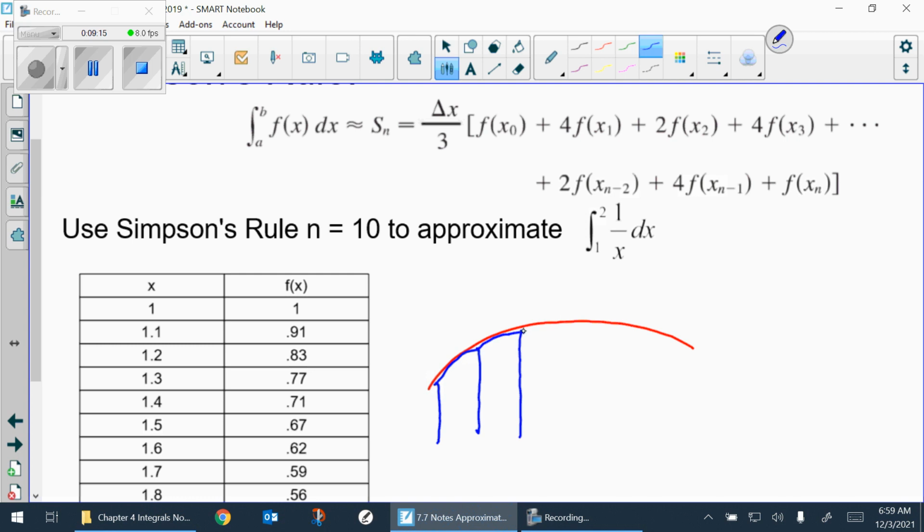You can see that those are going to hug that probably even better than those straight lines like the trapezoid does, and certainly less wasted space than when we use rectangles.